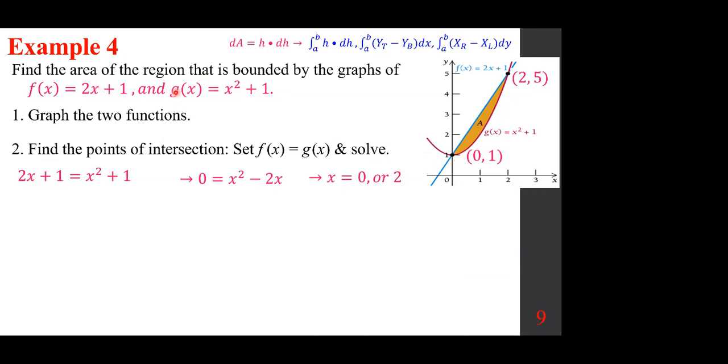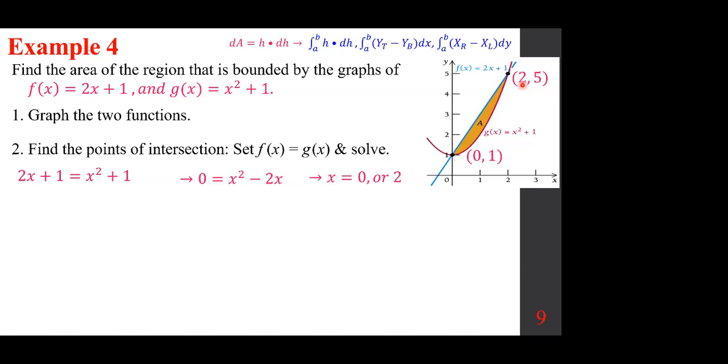And 2 gives you 5. Now again, granted, for this question we don't really need the y coordinates, but I highly recommend you be able to come up with them in case, for some reason, we are doing this along the y-axis. It can be done. I'm going to explain that in a moment.